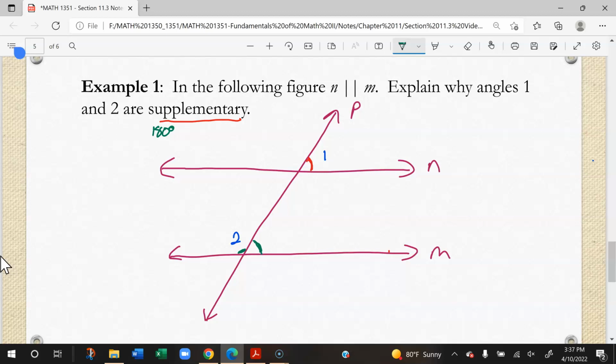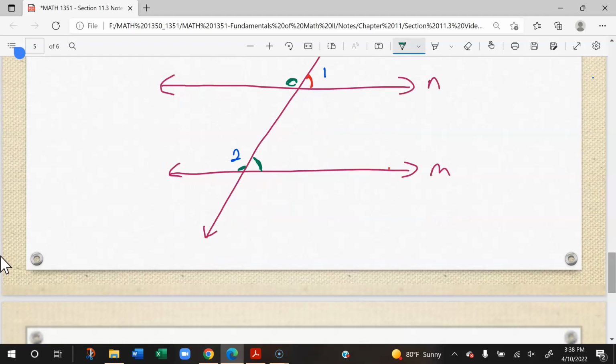So angle 2 and angle 1 are supplementary because angle 2 is congruent to the angle next to angle 1, or vice versa.